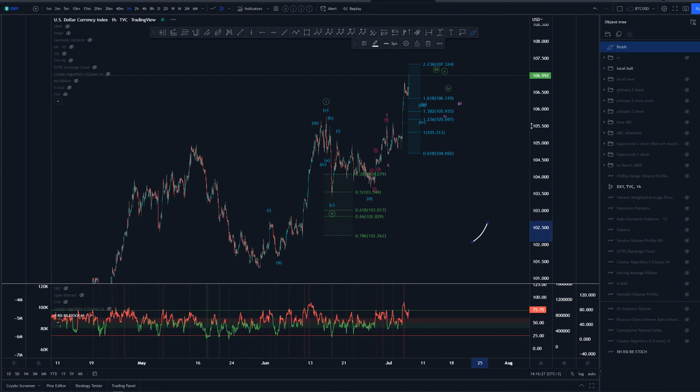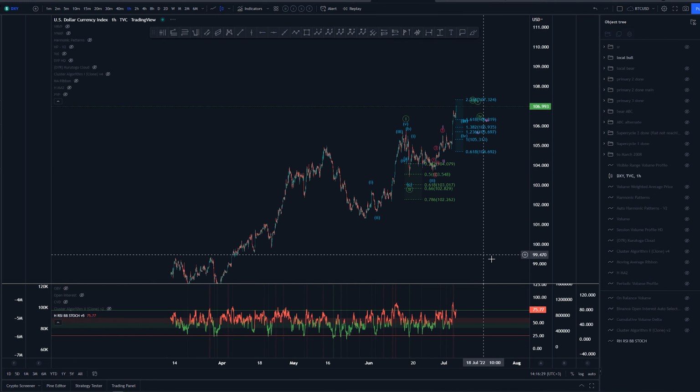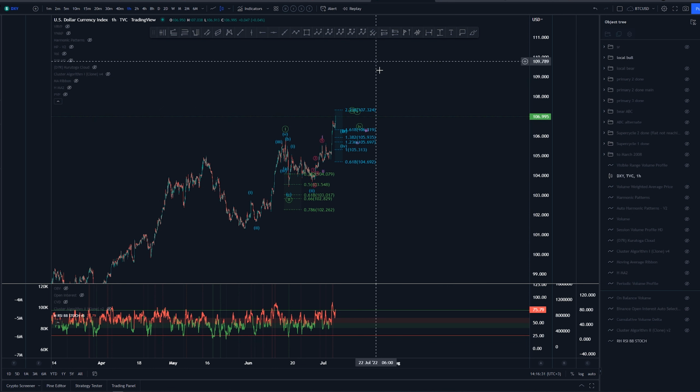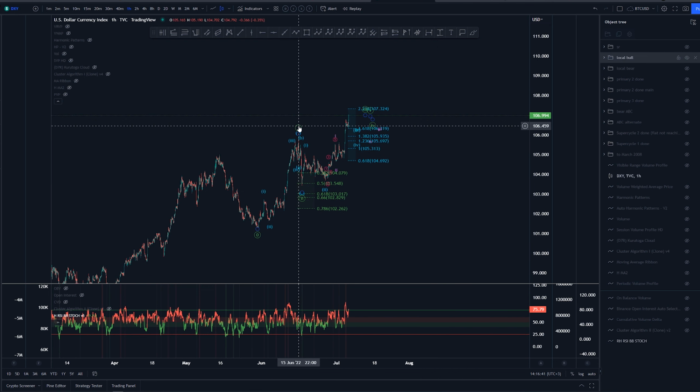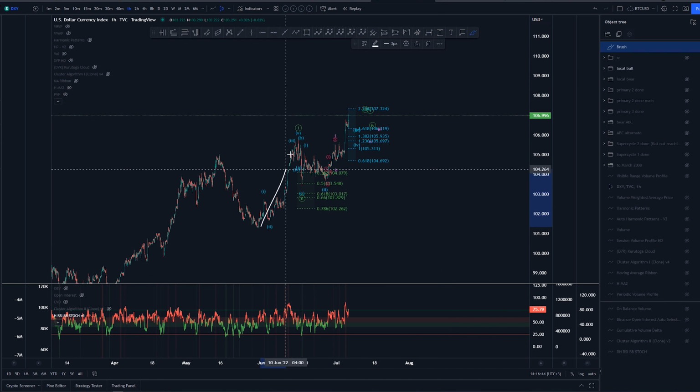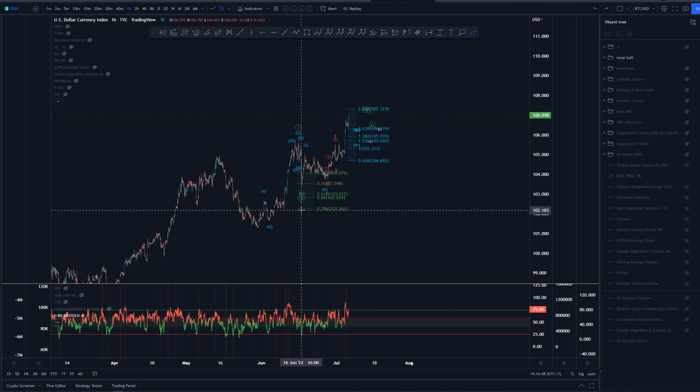But yeah, we are getting really close to the idea that we could be topping out the DXY soon. Of course, if there is going to be some kind of extension on one of the legs, then something else might happen. Also, it is possible that this is just a 1, 2, as we did get a very deep retracement here. But yeah, that is pretty much everything I wanted to cover today in this video.